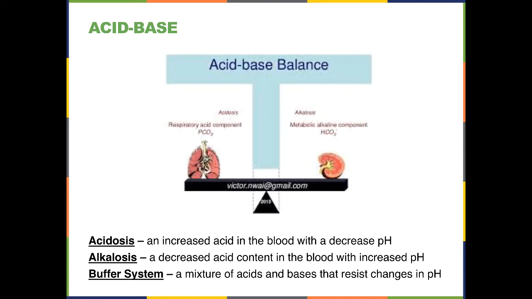And if there's too much alkaline, the kidney can get rid of that by excreting bicarbonate. The respiratory system can get rid of acid by breathing out carbon dioxide. And I'll show you how that works in just a second.